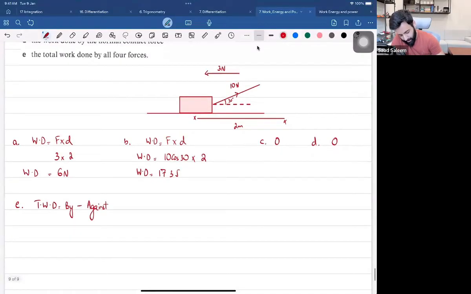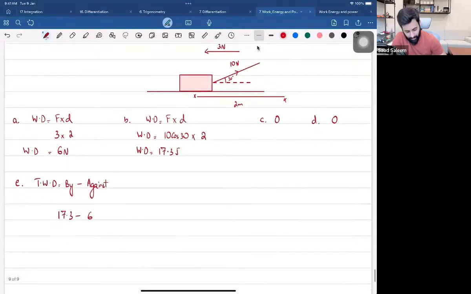The work done by the tension, that's 17.3, minus the work that is done against, so 6 joules. Sorry, I ended up writing it as newton. So 17.3 minus 6 is equal to 11.3. That's correct. So 11.3 joules is the answer.